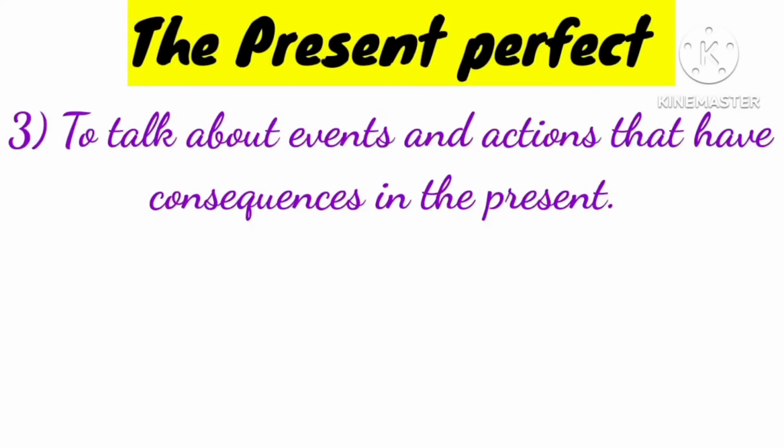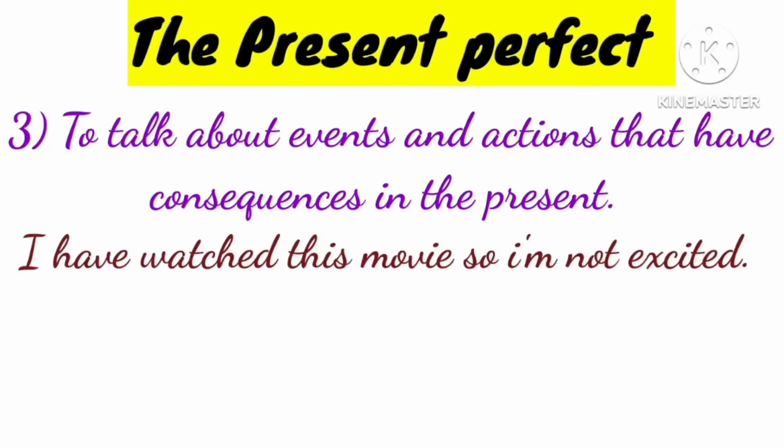Okay? Present perfect tense is also used to talk about events and actions that have consequences in the present. For example, I have watched this movie already, so I am not excited. Okay, it means I have already watched it. So, right now, at present, I am not so excited to watch this movie.